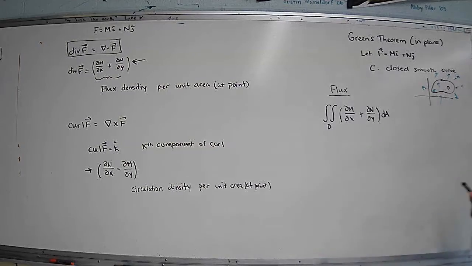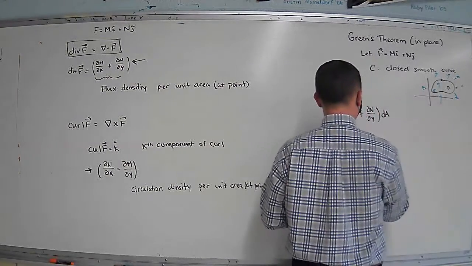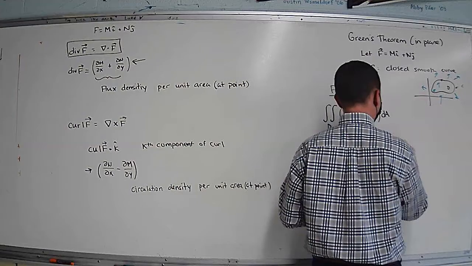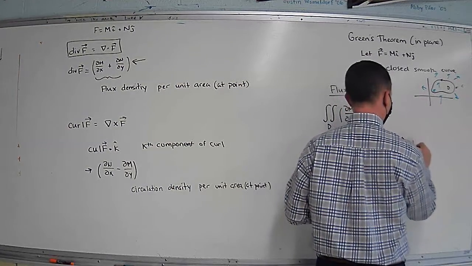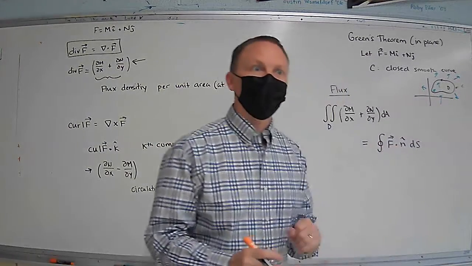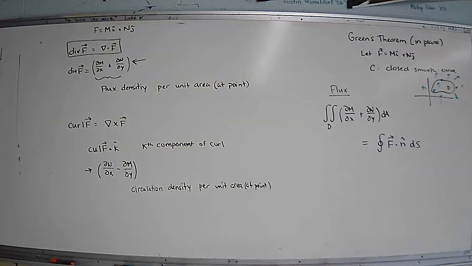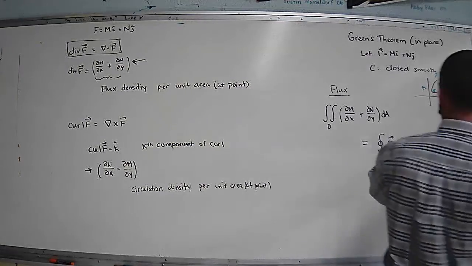So this is going to equal the net change in flux along the boundary, which is what we already learned.